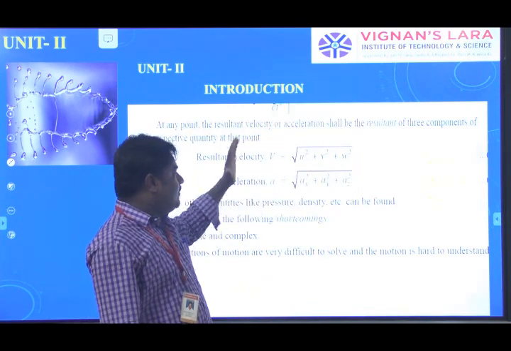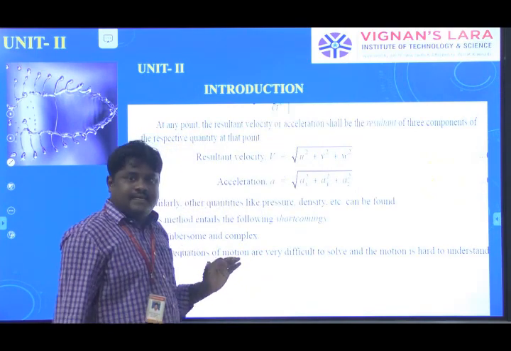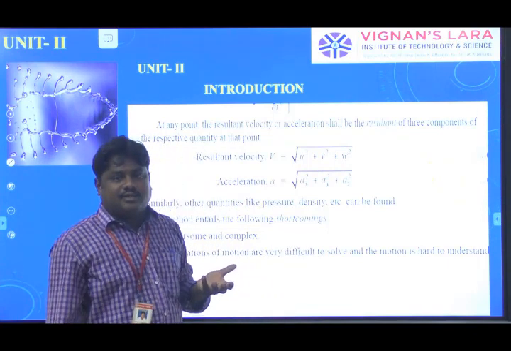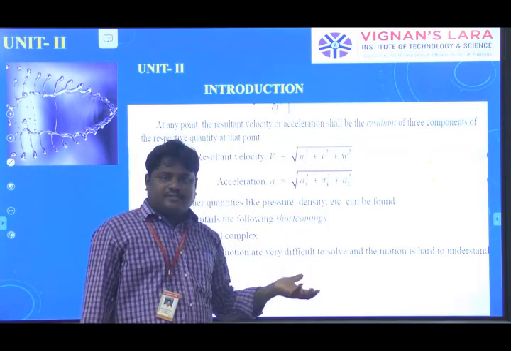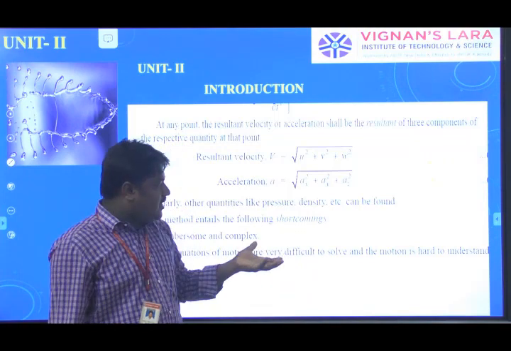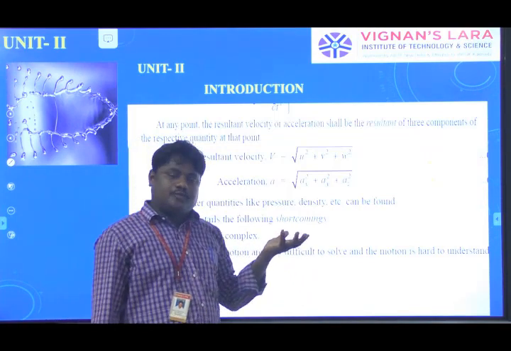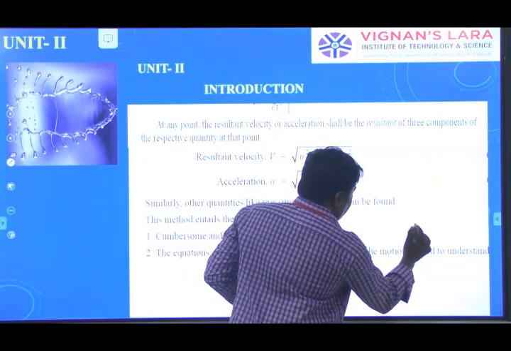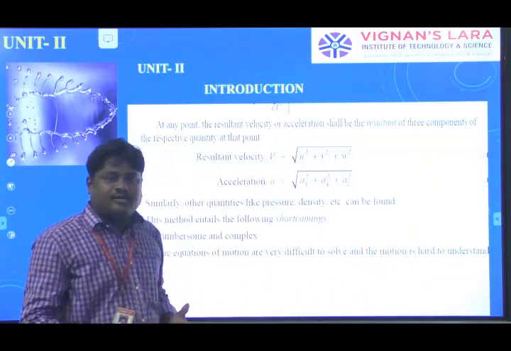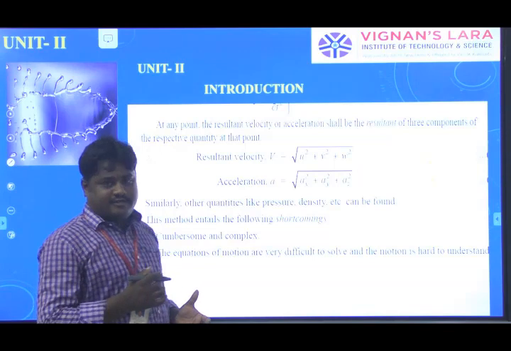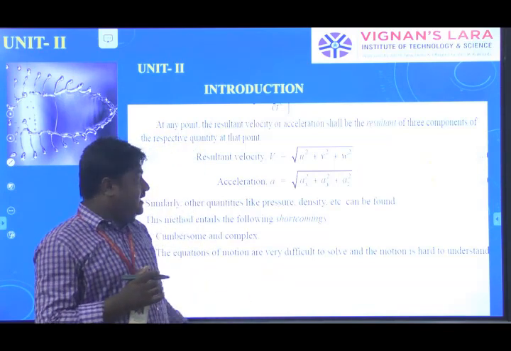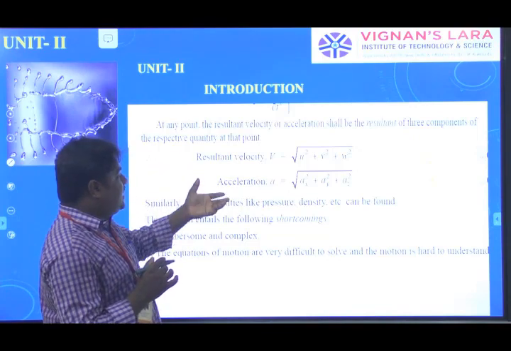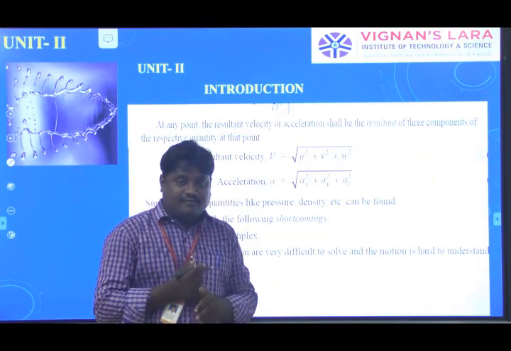Coming to fluid mechanics, here also the sum of all upward forces should be zero and the sum of all downward forces should be zero. Or one more thing, the sum of all upward forces must be equal to the sum of all downward forces. That is the main thing in fluid mechanics. In engineering mechanics, the resultant force will be there.